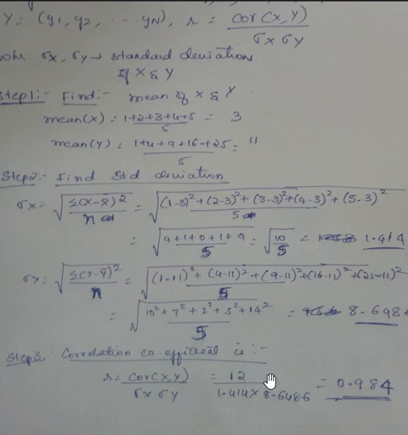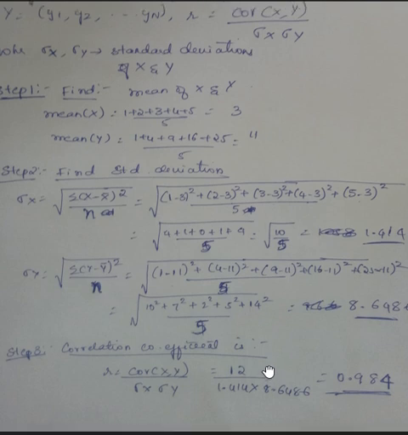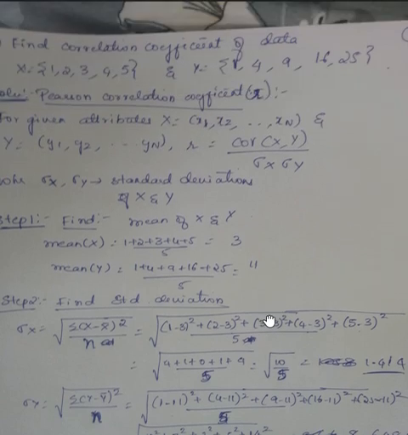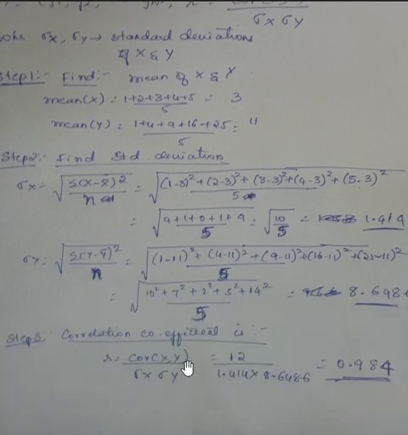Covariance I got 12 from the previous problem. So remember, if they ask this question on correlation, you have to first find the covariance. I am not repeating it, I just did it in the previous problem. So take it as 12, divided by standard deviation of x which I got as 1.414, standard deviation of y which I got as 8.6486. So you get the correlation coefficient as 0.984.